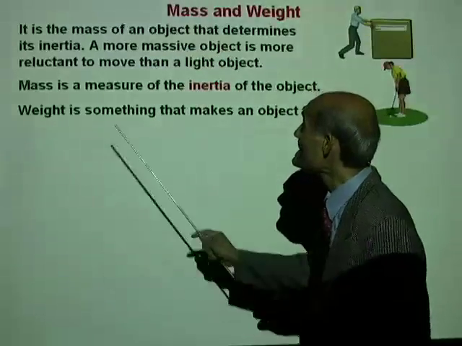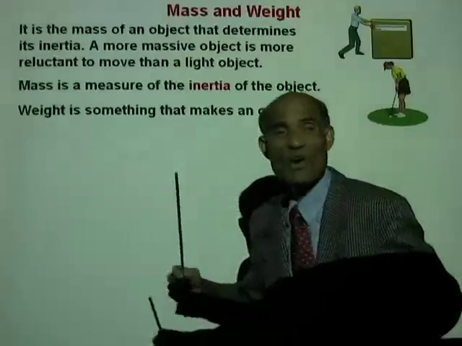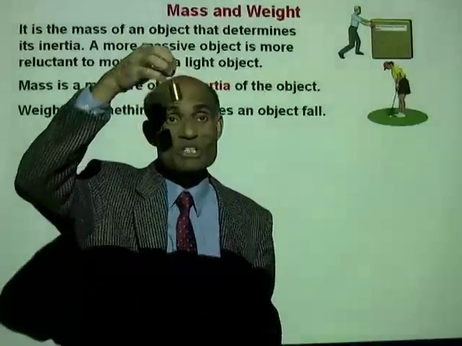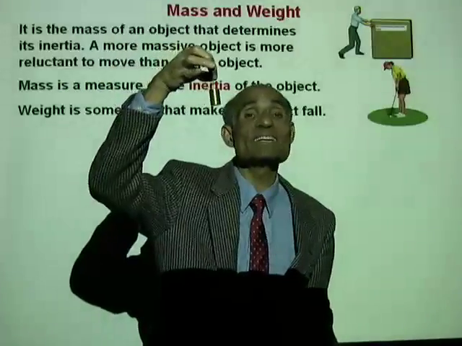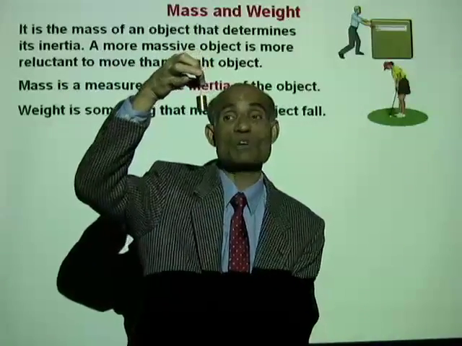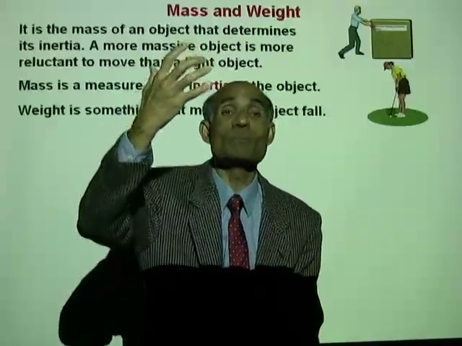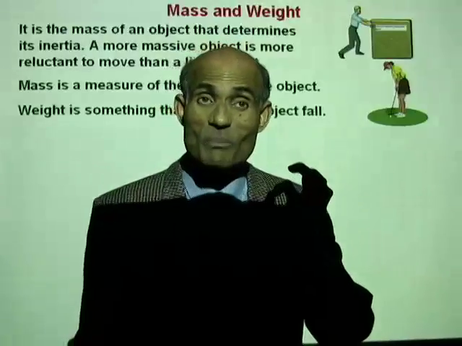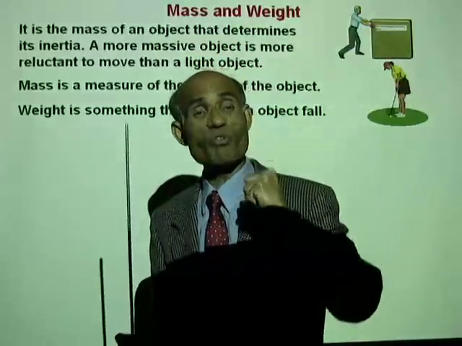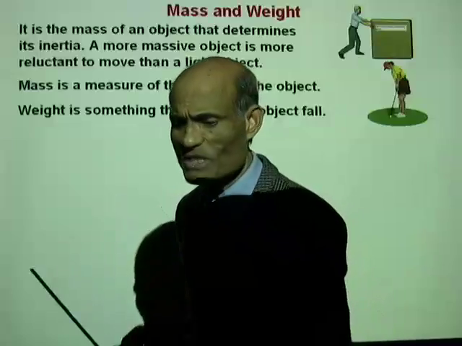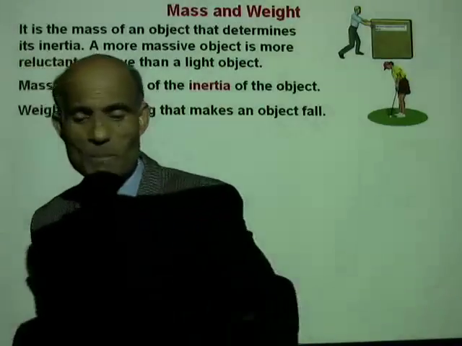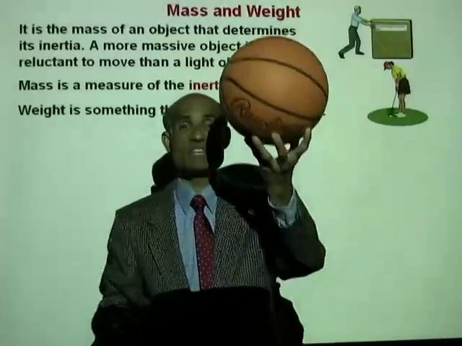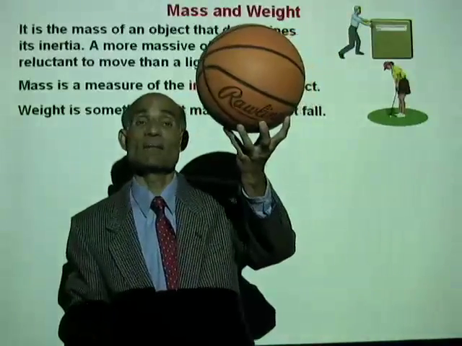Whereas, weight is something that makes an object fall. Well, if this object has no weight, it cannot fall. When I drop it, it falls because it has weight. So, weight is what makes an object fall. What does that mean? What does the process of falling mean? Now, if I have a basketball here, it is at rest here.